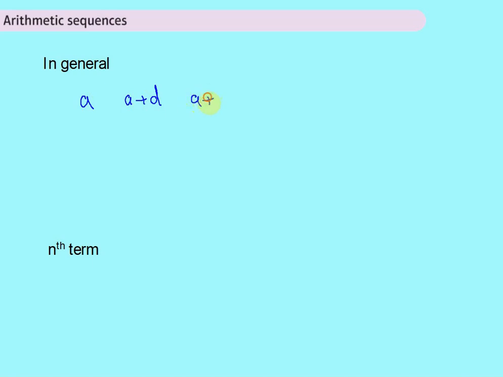So the next one would be A plus 2D. And I should really be putting commas in between. Another difference, A plus 3D. And we'll keep going. Now if we think about it, what would the last one be? Well, this is the first term, this is the second, this is the third, this is the fourth, and you can see they've all got an A, so let's put it in here.